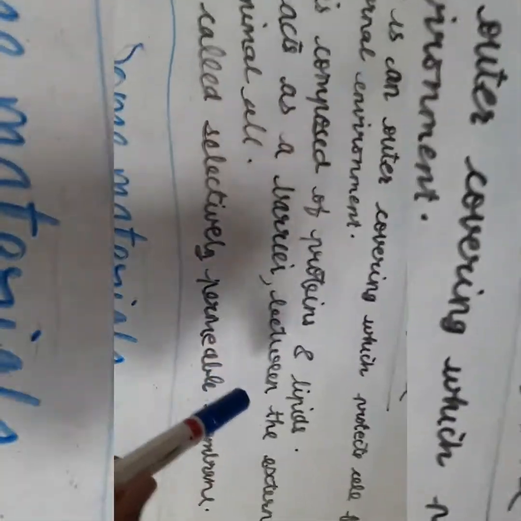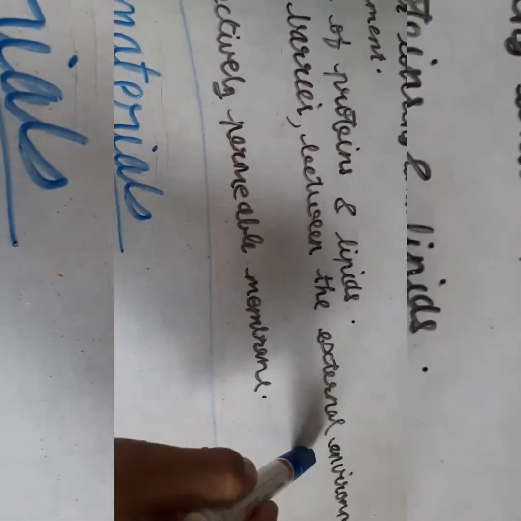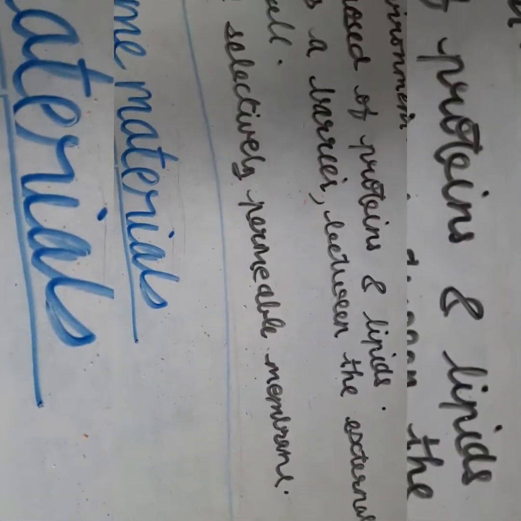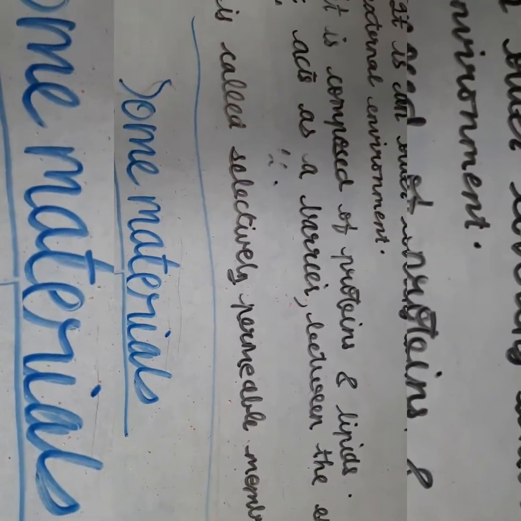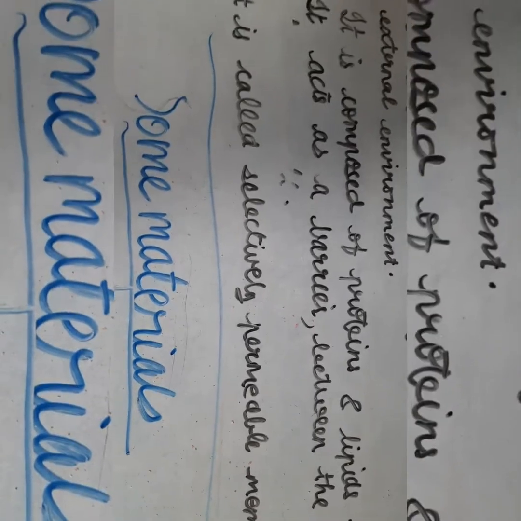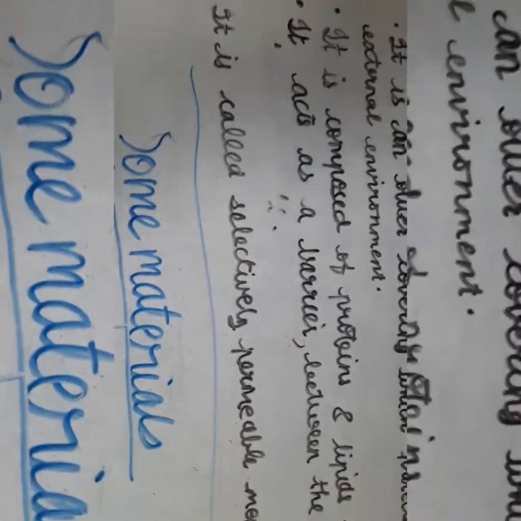Now let's see the function of plasma membrane. It acts as a barrier between the external environment and the cell organelles. The work of a barrier is to stop someone or something. Same is with the plasma membrane.